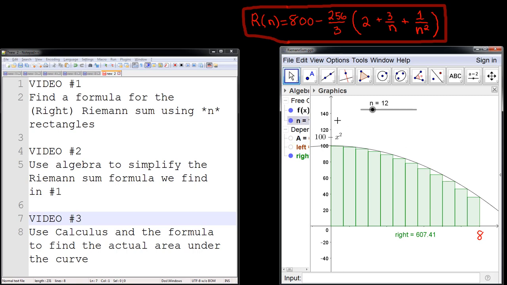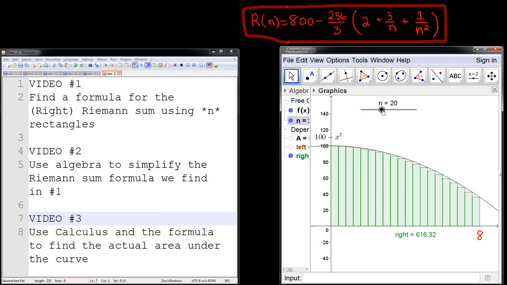For example, if n is 12, wherever you see an n, you replace it by 12, and you will get 607.41, because that's the area under all those rectangles.